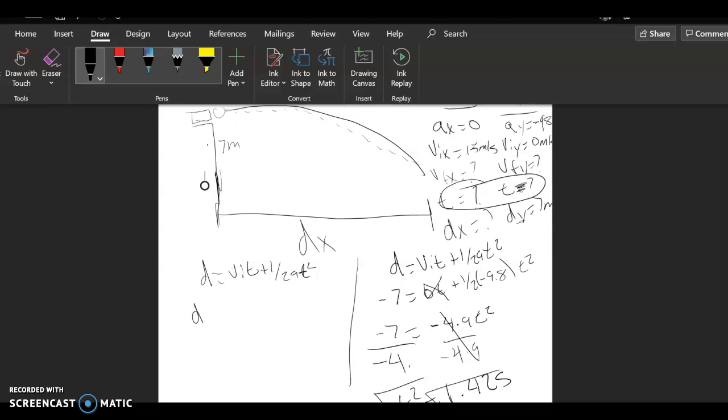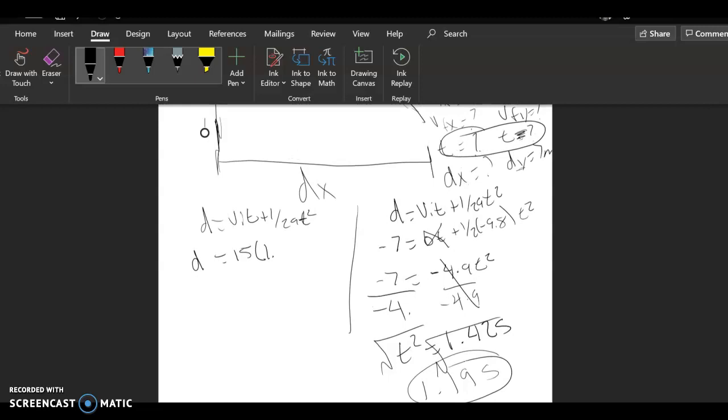Distance, we don't know what it is, but the initial velocity is 15, time is 1.19, and now acceleration in this case is 0, so that term cancels. So you're left with distance is equal to 15 times 1.19. You take 15 times 1.19, you get distance in the x is equal to 17.92 meters. And that is pretty much how you solve horizontal problems.